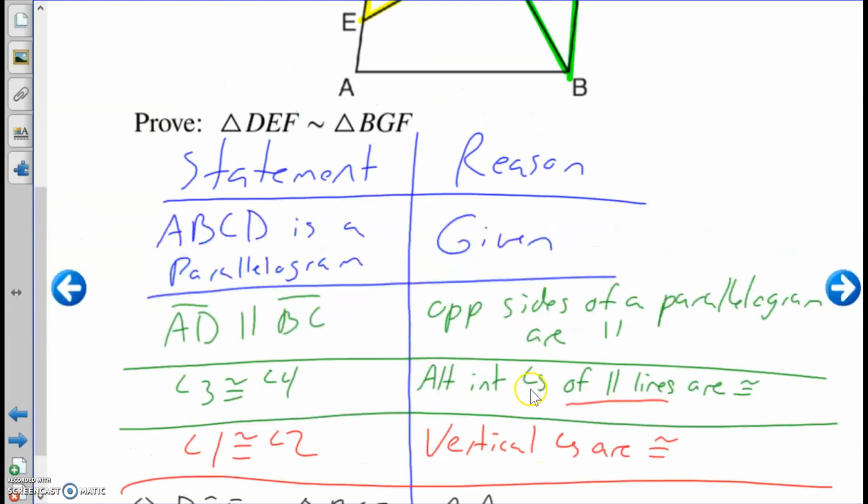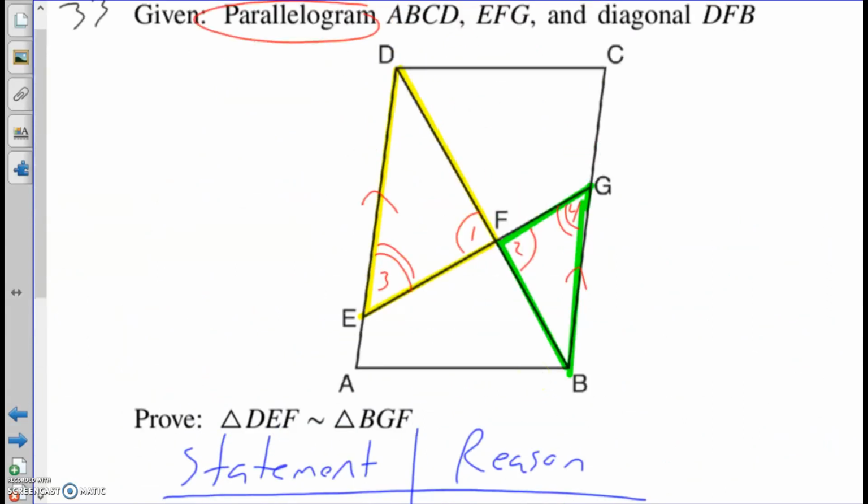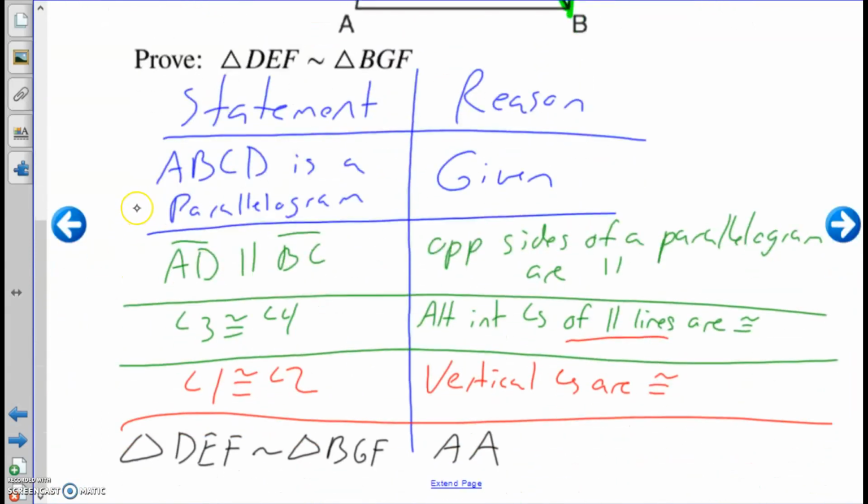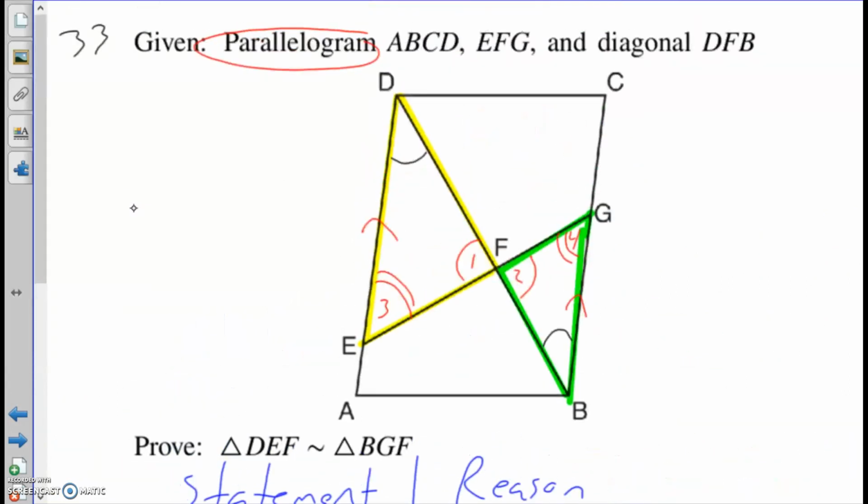That's it. The other option for this question, because of the parallels, we could have also said these angles were alternate interior and just do 2 pairs of alternate interior. But we covered both the alternate interior and the vertical here, so we're fine. So that's it. That's a really nice, short, simple proof. The part 3 proofs aren't too bad. The part 4 ones are typically way more involved.